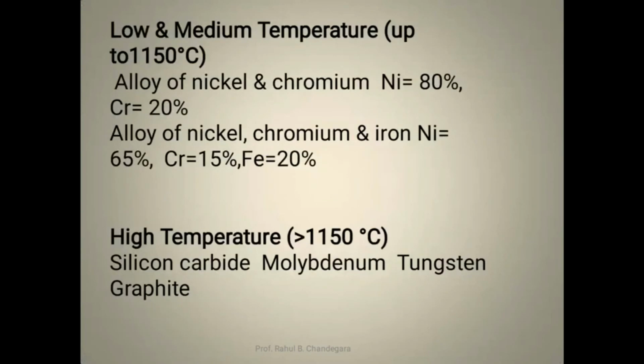For low and medium temperature up to 1150 degrees Celsius, an alloy of nickel and chromium: nickel is 80% and chromium is 20%. Or an alloy of nickel, chromium and iron: nickel is 65%, chromium is 15%, and iron is 20%. For high temperature more than 1150 degrees Celsius, silicon carbide, molybdenum, tungsten and graphite are used.